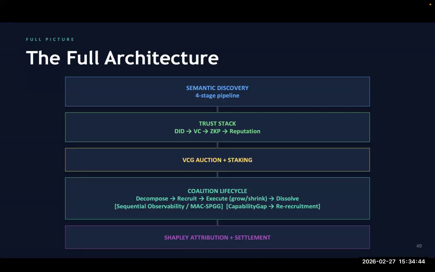Maybe one of the agents finds another capability gap and reports it back to the orchestrator. That orchestrator goes back to stage one, semantic discovery and the trust stack, and keeps going, and eventually dissolves the coalition. Then you do credit attribution at the end with techniques like Shapley values, and then settlement, the escrow account, and resources are all resolved.